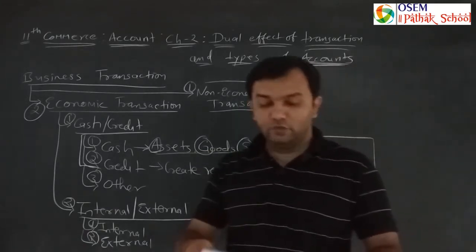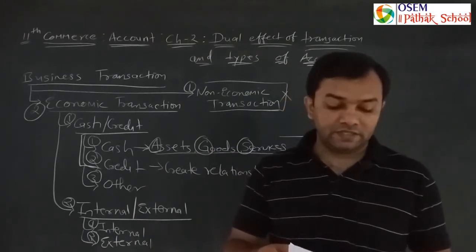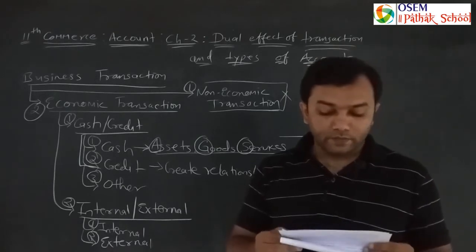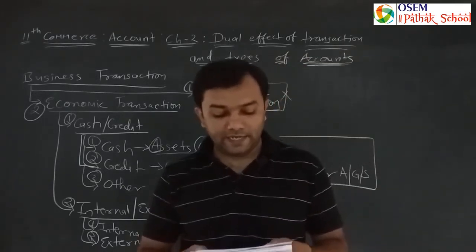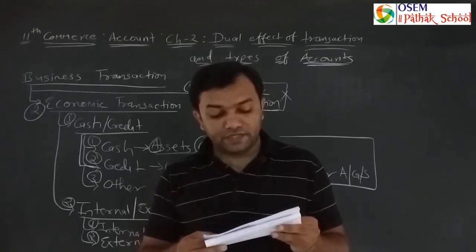Here there is a note on page number 26, at the starting point of the page. What is that note saying? It is a very important topic, and you need to memorize it for a lifetime, I can say. Here is the meaning of service.